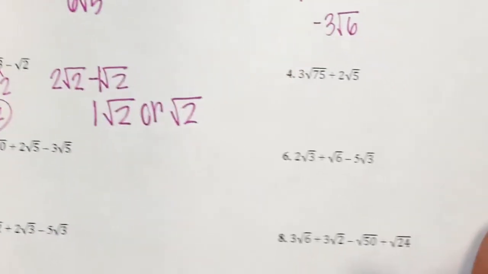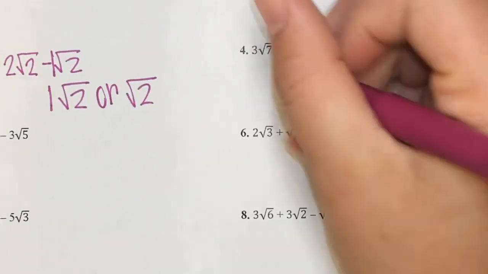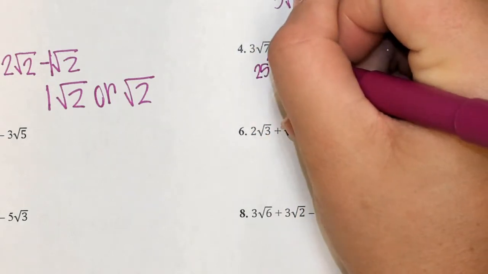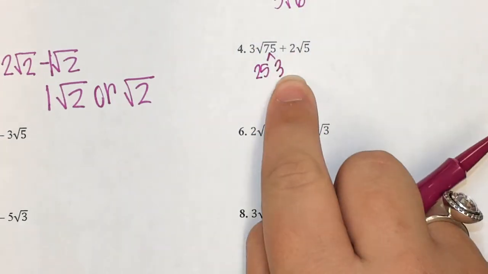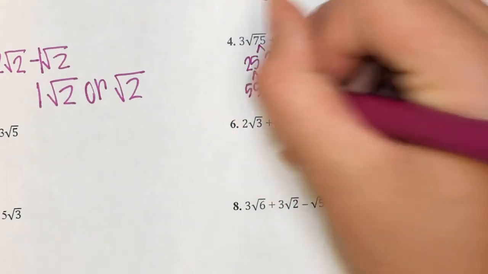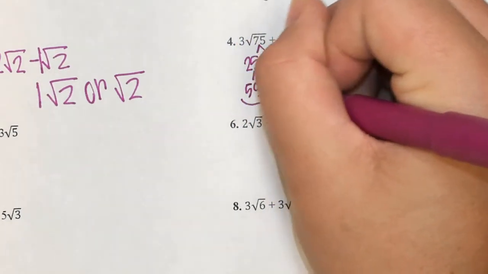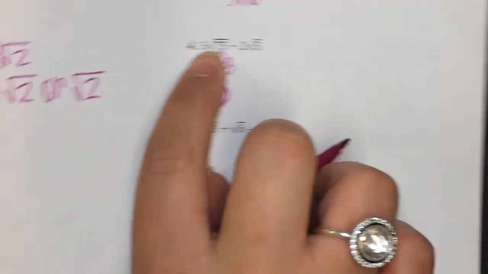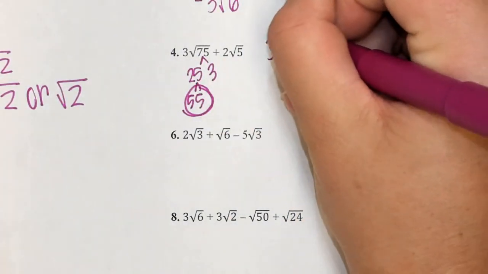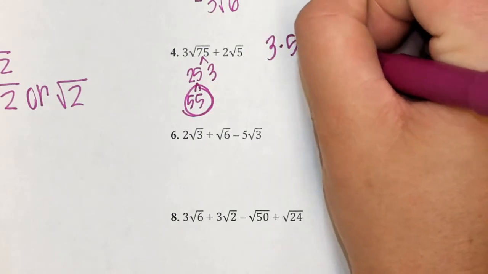Okay, number 4. 75 breaks down to make what? I like 25 and 3 because I know that all I have to do is break this down to 5 and 5 and I'll be done. So 5, but I have to bring it over here with the 3. So it becomes 3 times 5 square root of 3.